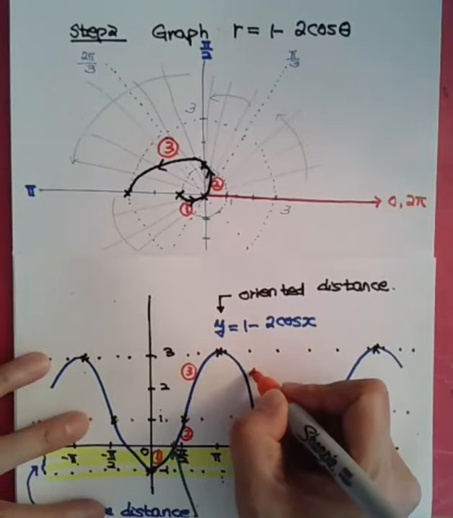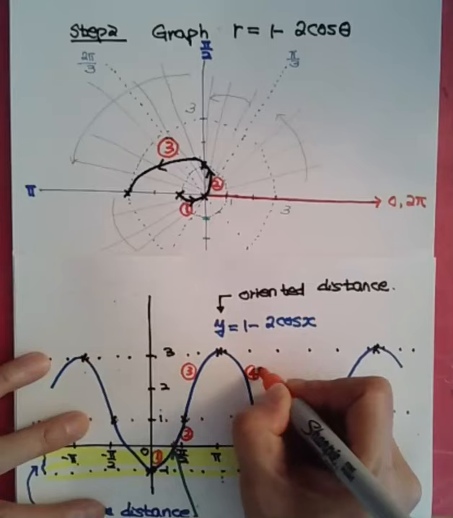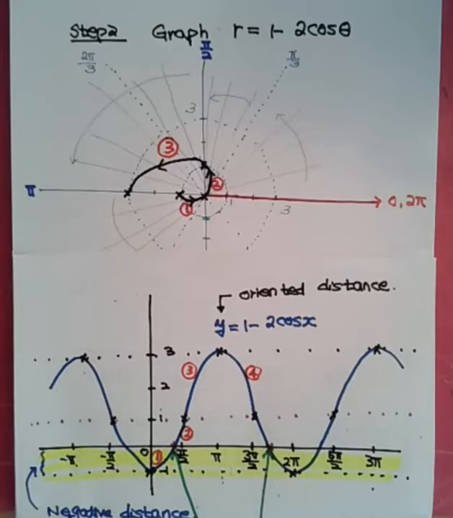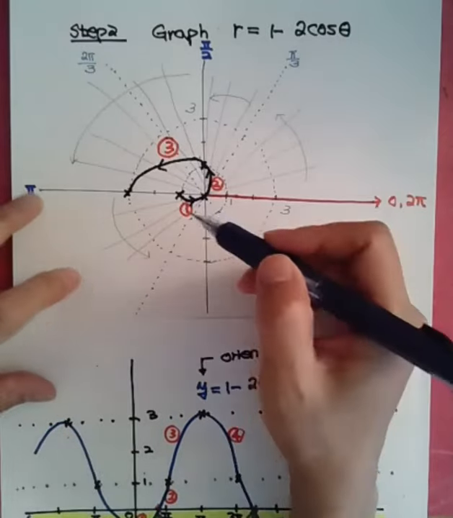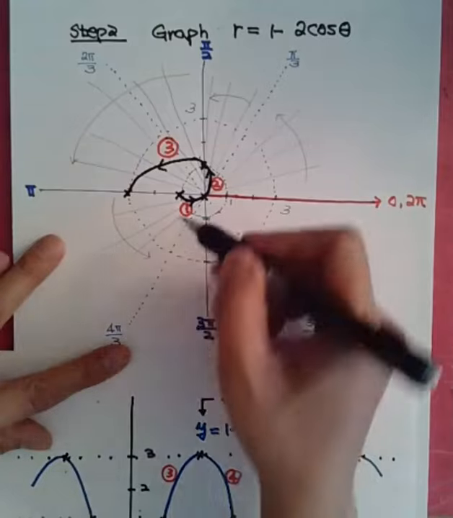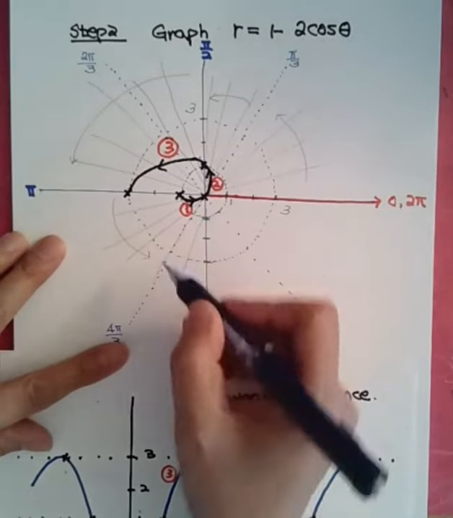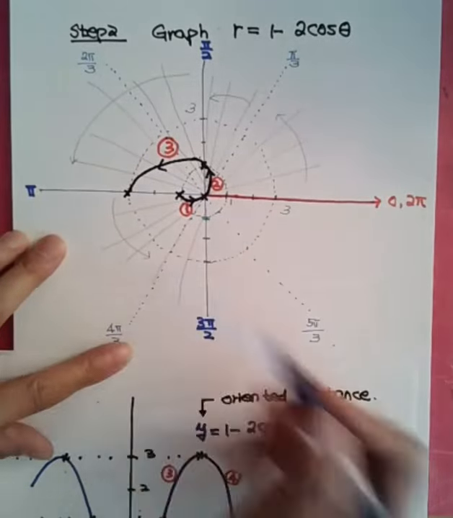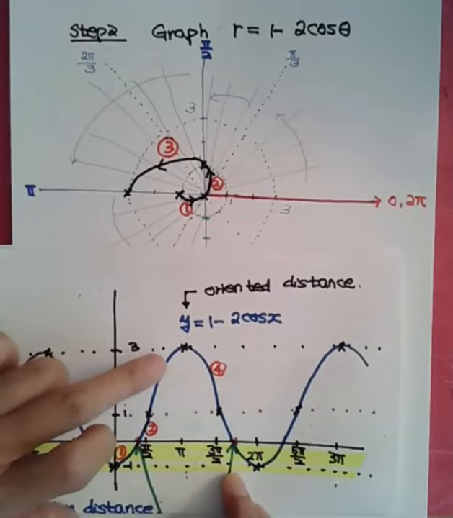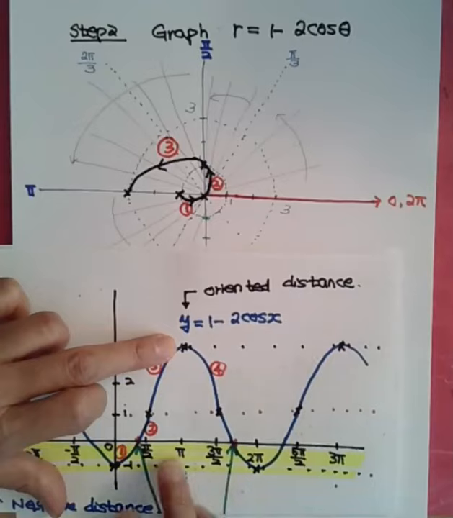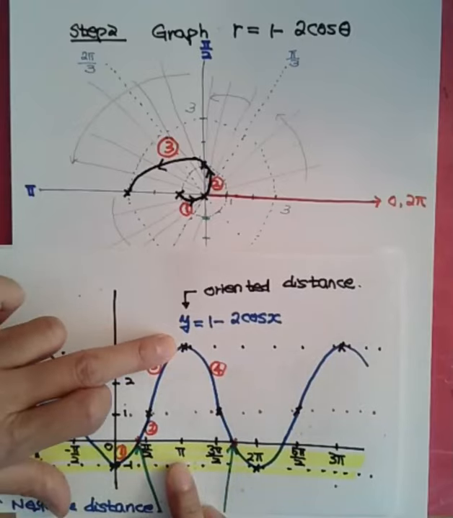Region 4 is between pi and 3 pi over 2. When the angles are between pi and 3 pi over 2, the angle varies in this direction. The distance was 3 when the angle was pi.